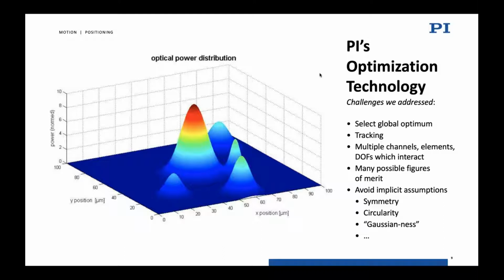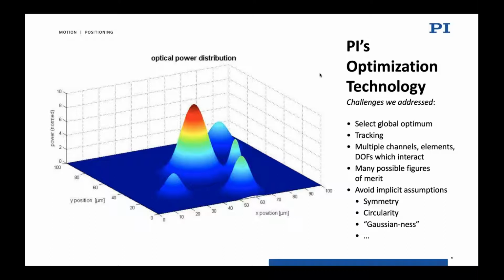For example, say you were aligning a laser cavity and you had some measure of beam quality that you wanted to optimize. Chances are it's going to be a hill-shaped function, just like this. And we can find the peak of that with respect to the positioning of the various devices. And this is something our customers are doing today.